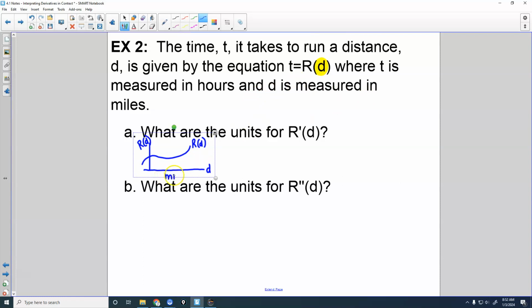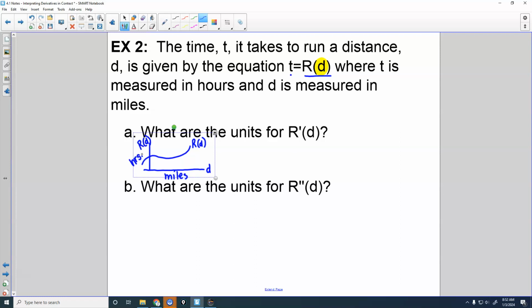So this is miles here. And R of d equals t, right? So R of d is the same as t, and t is measured in hours. So this is hours right here. So this is tricky, and this is why I like to draw that graph out.